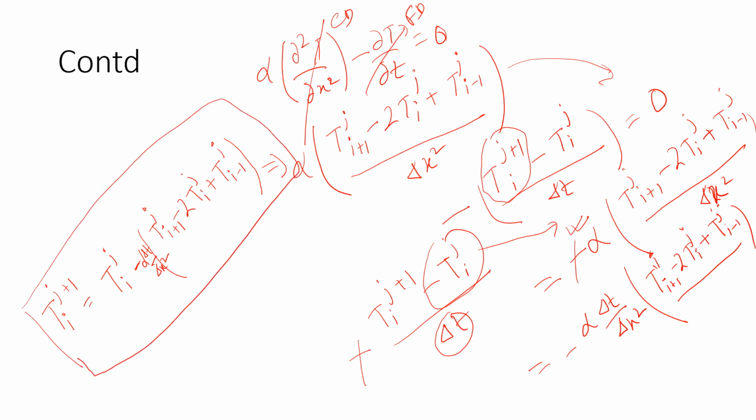However, you can also replace this term alpha del t by del x square with lambda.